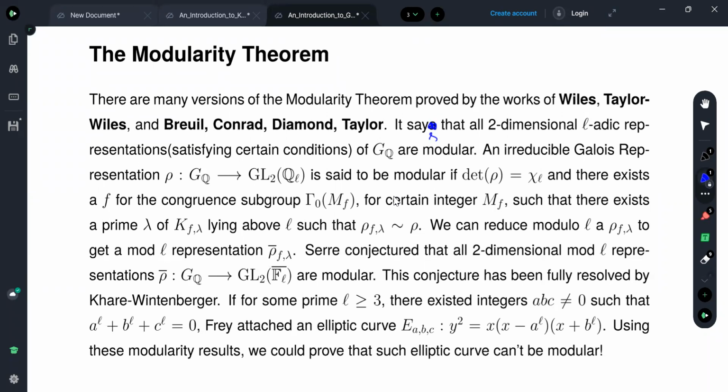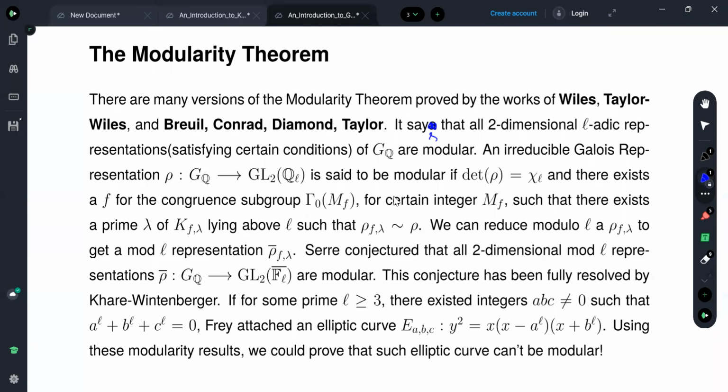That level was defined, I think, by Serre. No, how are you relating it with the form f? Yeah. So M is dependent on the modular form. So yeah, I'm just stating that.